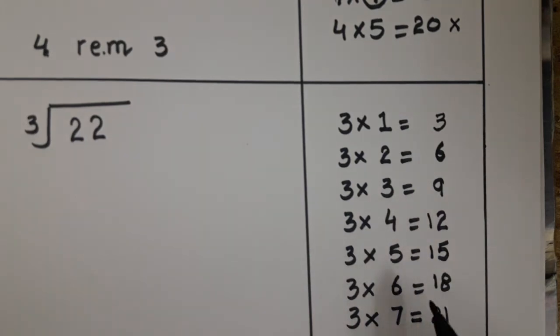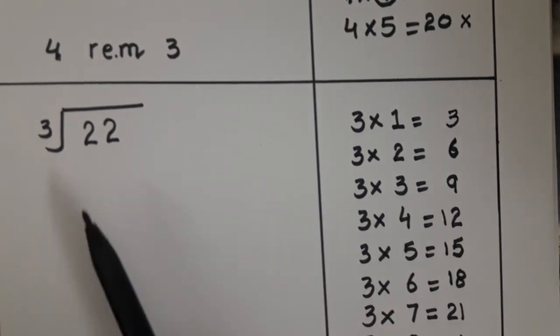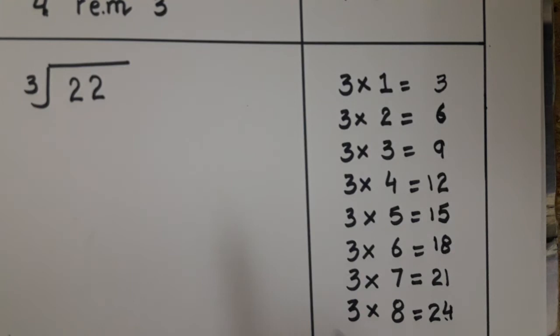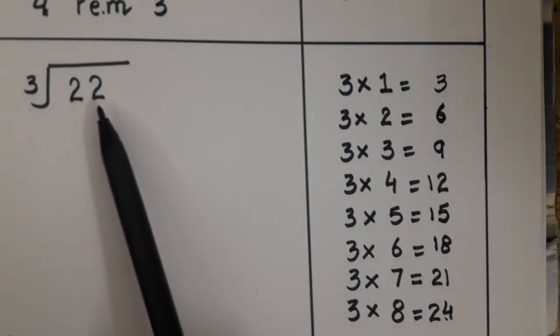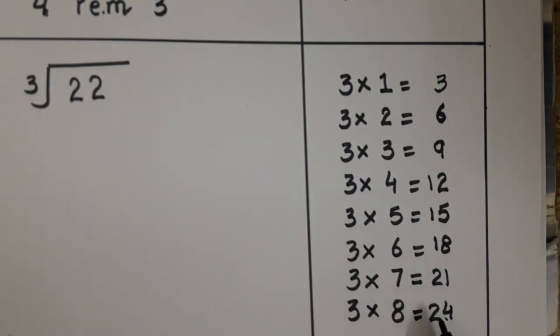In this way you can easily pick the product. So now you can see 24 and 22. 24 is the greater number, so we will not pick this one. We will pick the number above.